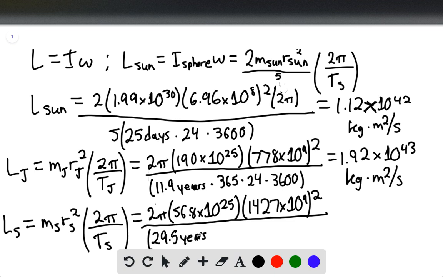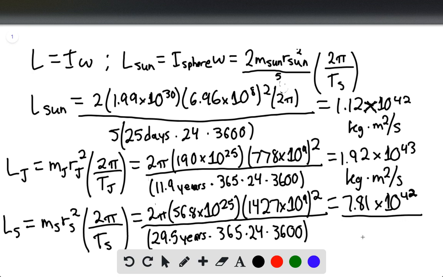So we're going to have to do 29.5 years times 365 days in 1 year times 24 hours in 1 day times 3,600 seconds in 1 hour. And we're approaching 7.81 times 10 to the 42nd, simply the units, kilograms, meters squared over seconds.